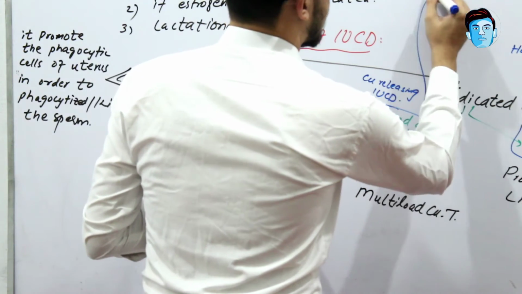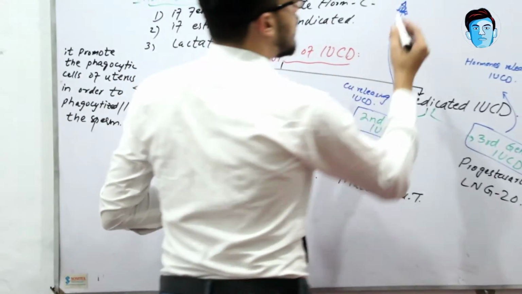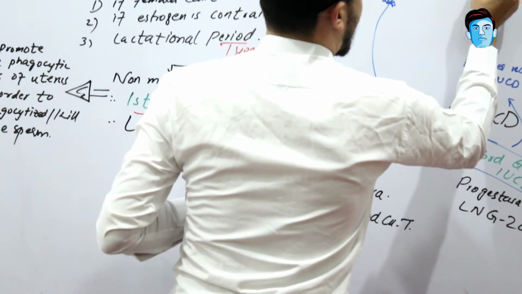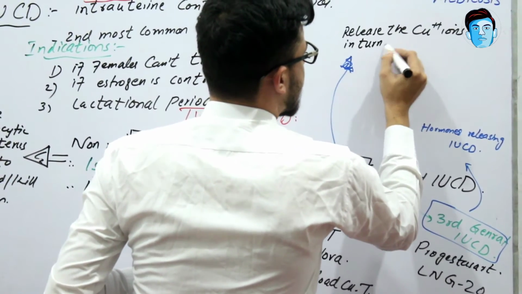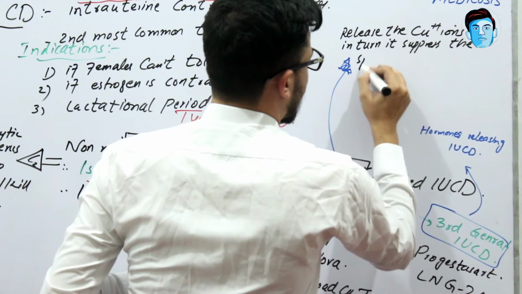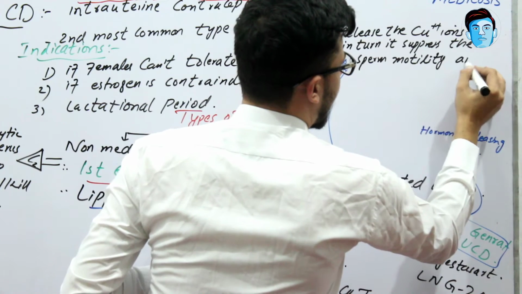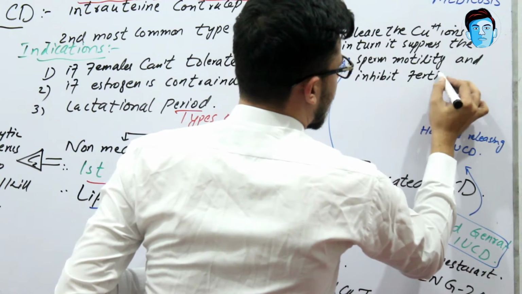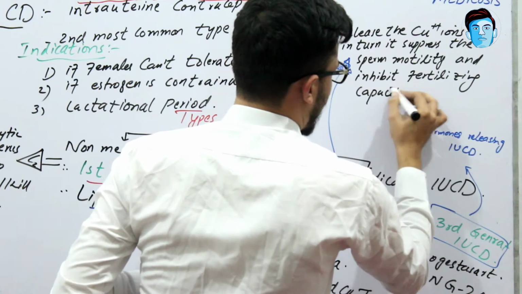These second generation IUCDs release copper ions, and in turn suppress sperm motility and inhibit the fertilizing capacity of sperm.